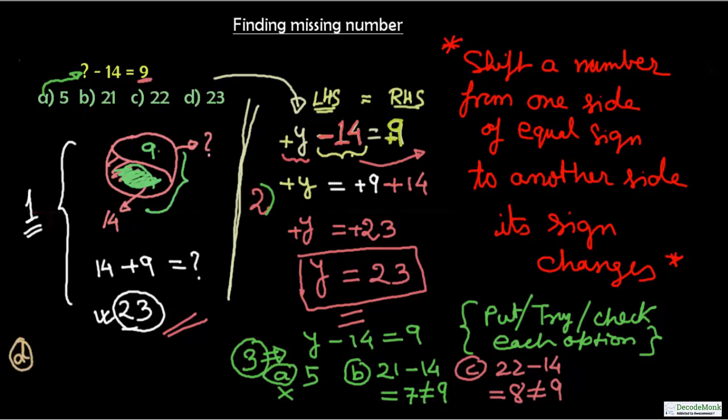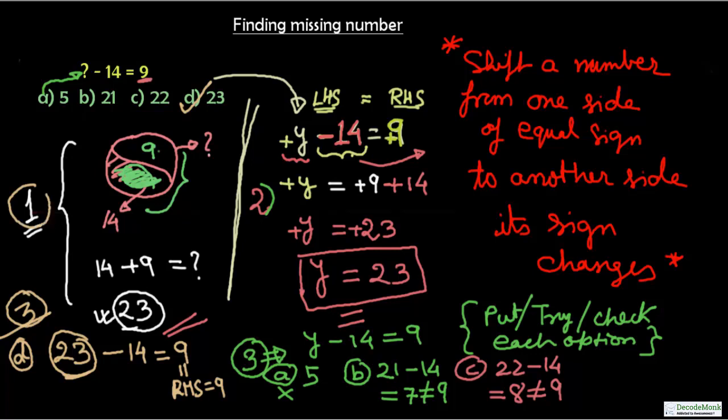Option D is 23. I put that in place of the question mark. So 23 minus 14 equal to 9. Yes, this 9 is equal to our given right hand side number, which is 9. The number 23 fits into the question mark. So 23 is the right option, which you have found from the third way of doing such a problem.